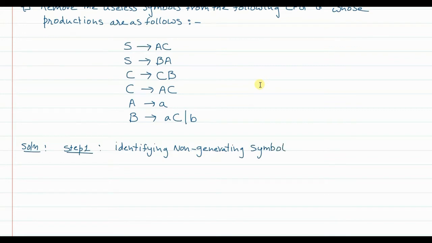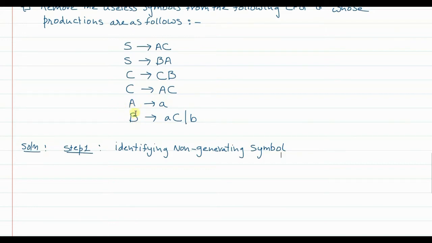The first step is identifying the non-generating symbol. Now what is a non-generating symbol? A non-generating symbol is one that is not able to reduce itself to a terminal string. Now looking at this figure, capital A can directly replace itself with a terminal a. So capital A is not a non-generating symbol.